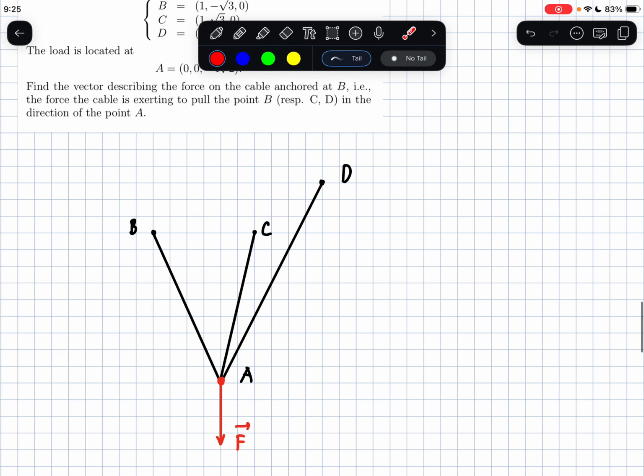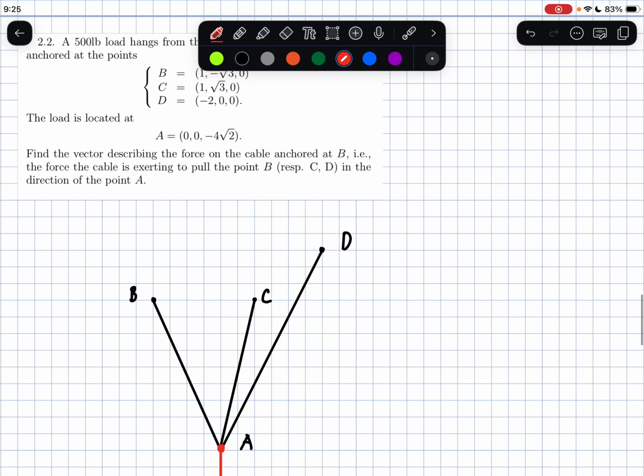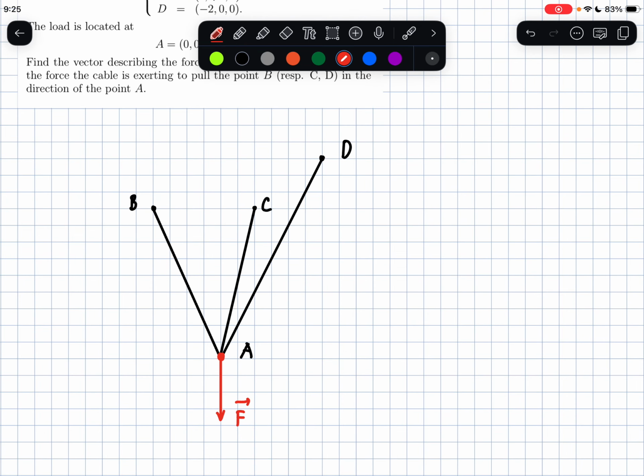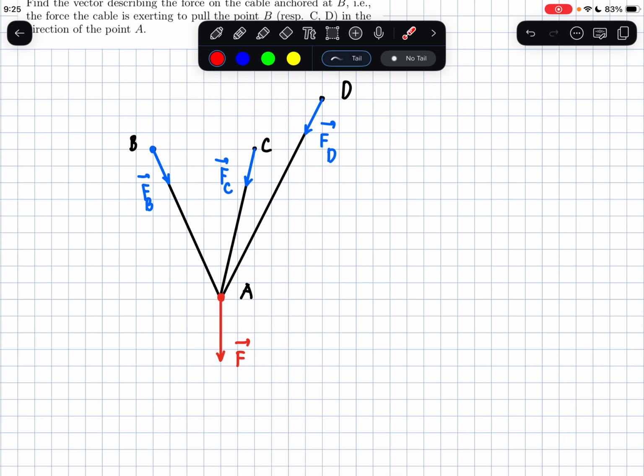and corresponding to that we have 3 forces from B. So this is F. Let me go with FB. FB is from B to A. FC and FD. And at this point, because the point is balanced, the sum of the total force is equal to 0. So you have force like this, minus FB, right?